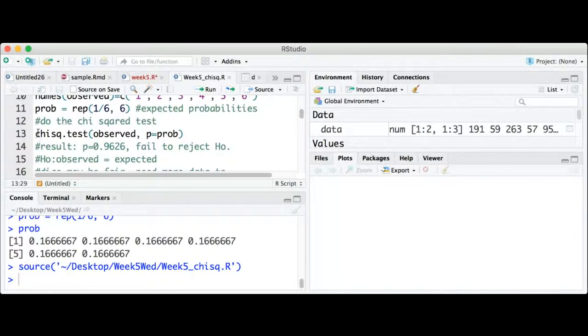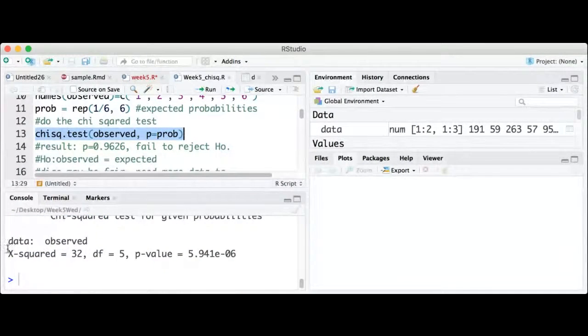Whoops, you wanted to do that. And so what do we get? Chi-squared test for given probabilities. Chi-squared is 32, that's the variable I wrote up before, the sum of the observed minus the expected over the expected, adding them up over all the data points, just as a matter of interest.